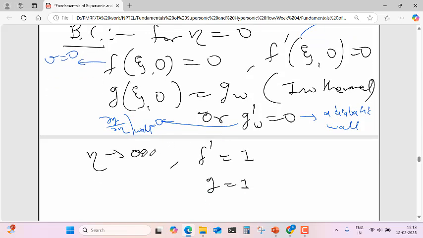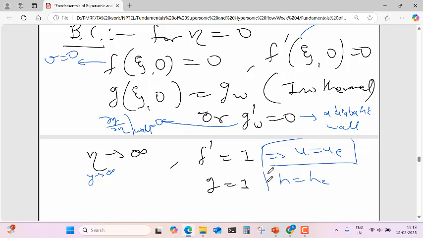And when eta tends to infinity, it means y tends to infinity, f dash equal to 1 and g equal to 1. F dash equal to 1 means u equal to u_e, and g equal to 1 means h equal to h_e.